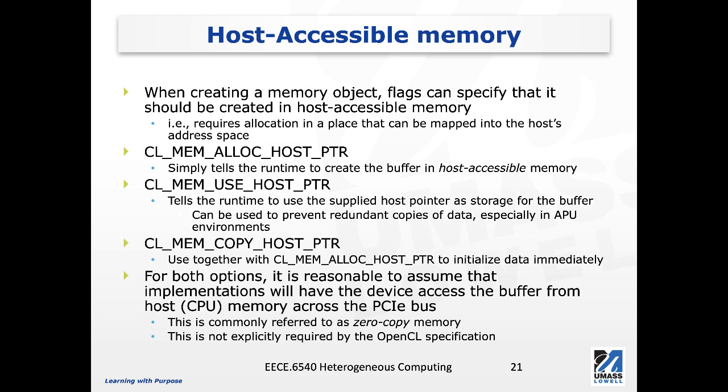We're going to briefly talk about the APU environment in a later slide. CL_MEM_COPY_HOST_PTR, together with CL_MEM_ALLOC_HOST_PTR, says where or how we're going to find the initial data to put into the buffer, to initialize the buffer.